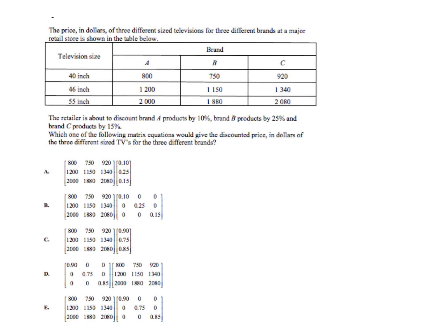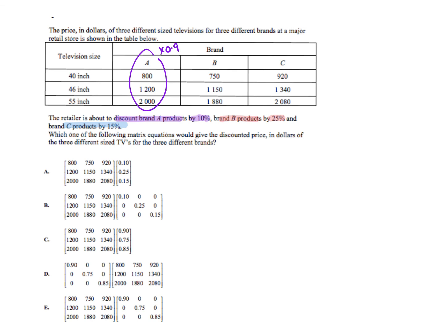Okay, the price in dollars of 3 different televisions for 3 different major brands are shown. The retailer is about to discount brand A by 10%, brand B by 25%, and brand C by 15%. If you're going to discount something, you're going to reduce the price. So all this A brand, you're going to times by 0.9 because it's discounting by 10%.